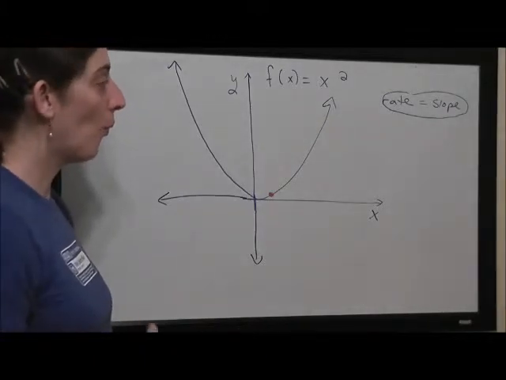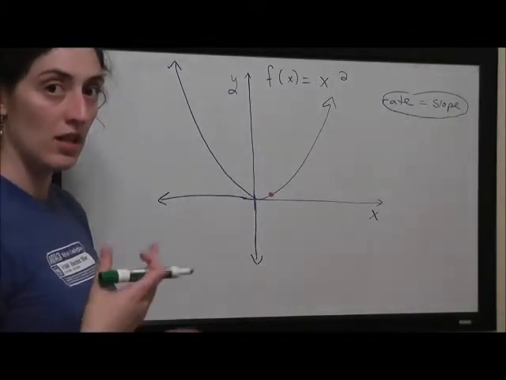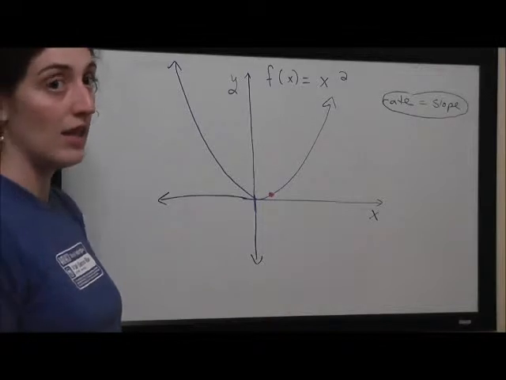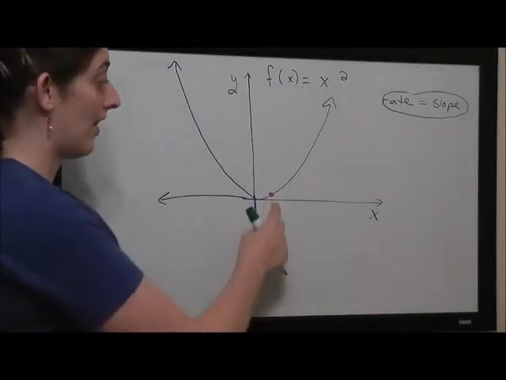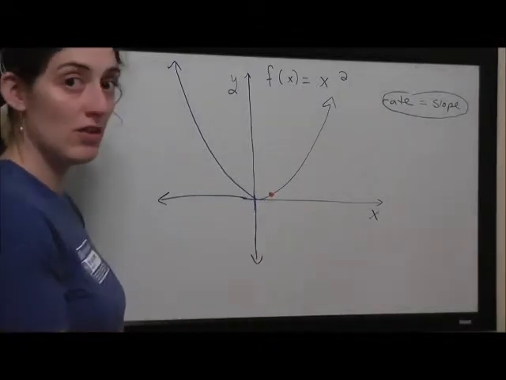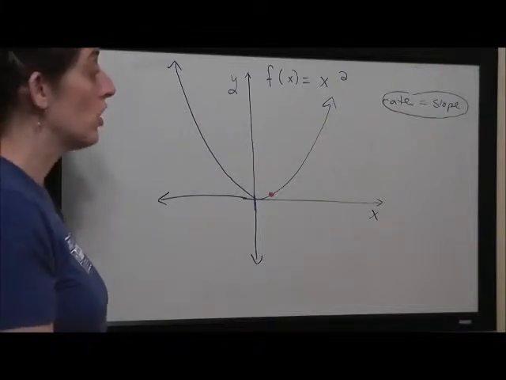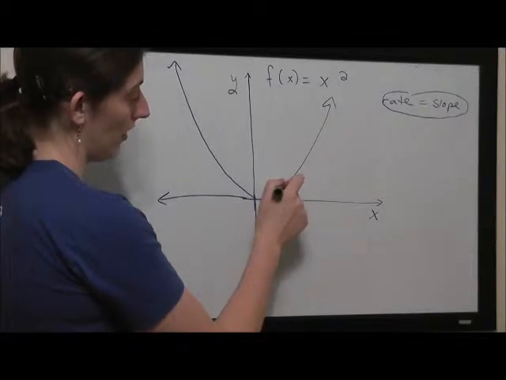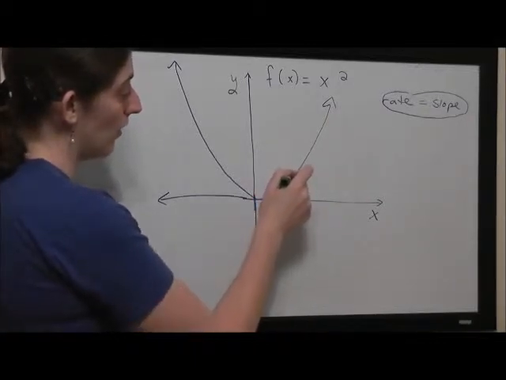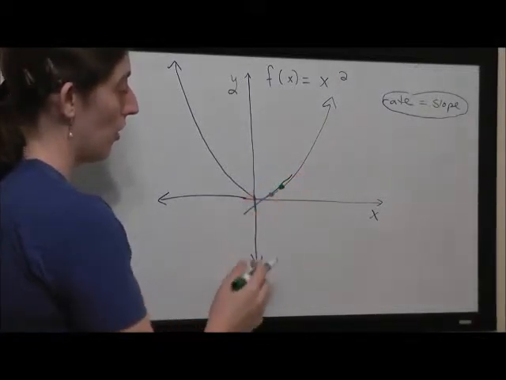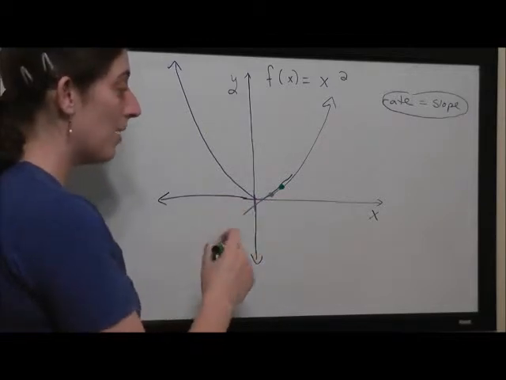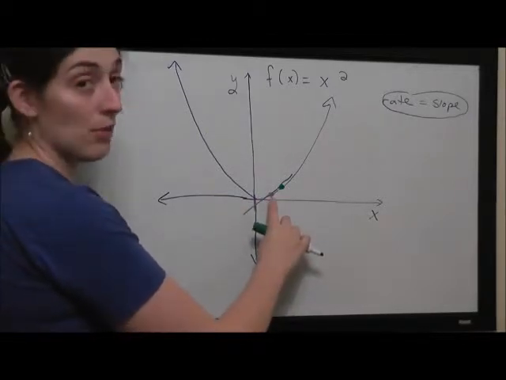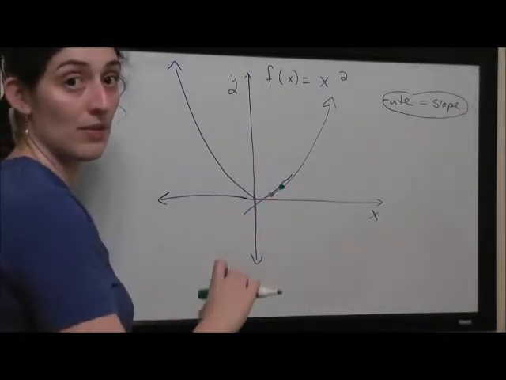Well, what I'm going to suggest is to be a little clever. Maybe we can't find it at that exact spot, but we can figure out something pretty close to that. So what we could do is pick another point somewhere on the graph, and find the slope between those points. It may not be exactly the same as at the red point, but it should be similar.